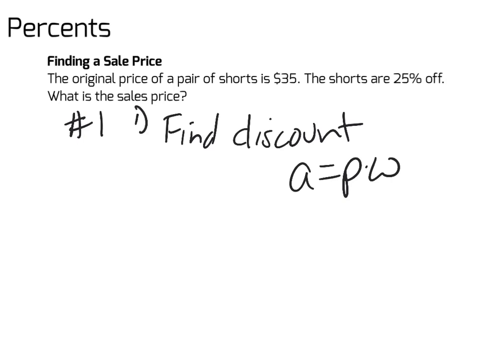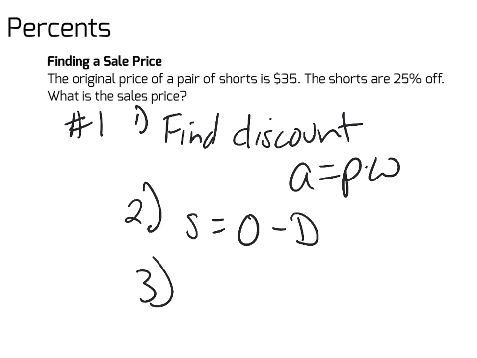So that's step 1. Step 2 is then to find the sales price. So to find the sales price, you take the original price minus the discount. And then that gives you your sales price.